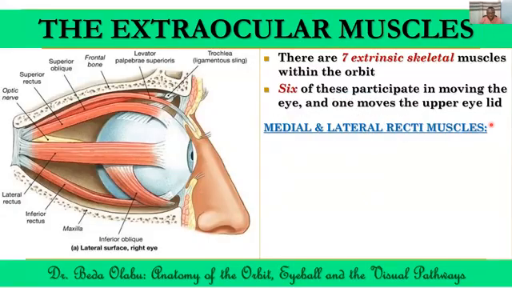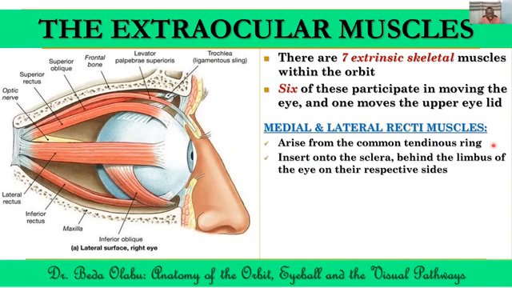The other category of muscles we talk about are the medial and the lateral recti muscles. So this is the lateral rectus muscle. The medial rectus will look like that, except now on the medial aspect. Generally, the recti muscles, all the four, arise from the common tendinous ring and they insert onto the sclera.